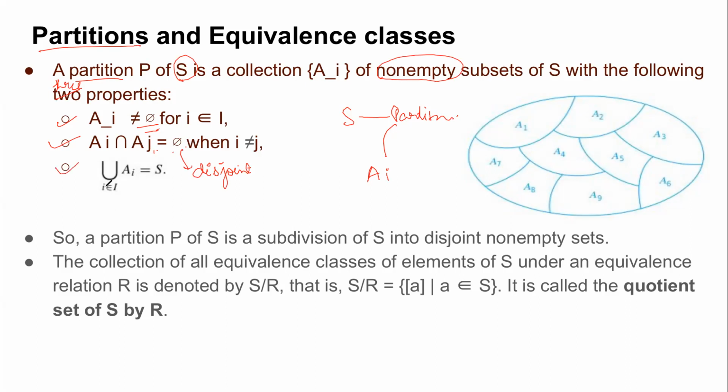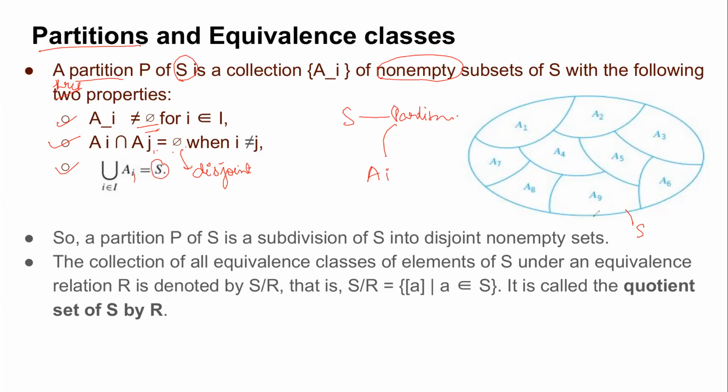And if you take the union of all these partitions, it should give you the set back. So we say a partition P of S is a collection of non-empty subsets whose intersection is empty, that is, they are disjoint, and their union gives the set back. You can see this best from this example: if this outer blue disk is our set S, it has been split into 9 disjoint subsets.